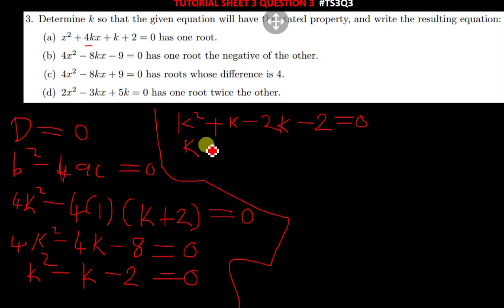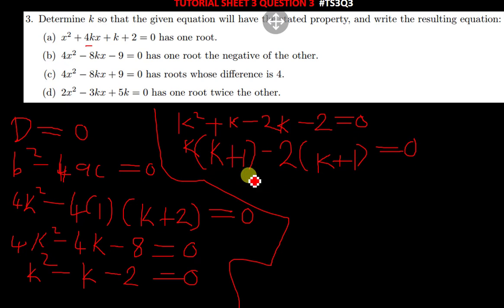So we factorize: we have k and then plus 1, then minus 2 times k plus 1 again there, and this is going to be equal to 0.